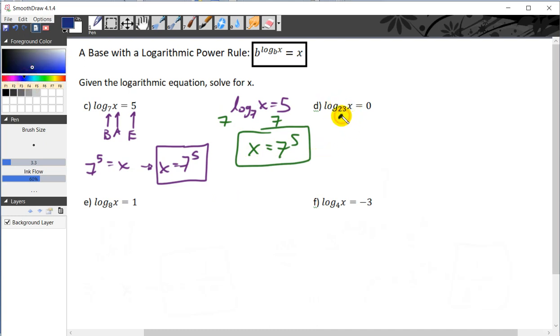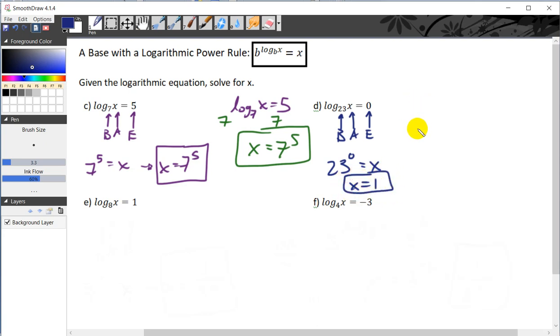Again, this is our base, this is our answer, and this is our exponent. So what we have here, the base is 23, our exponent is 0, and x is our answer. If you simplify this, anything raised to the 0 power is 1. So x is equal to 1.